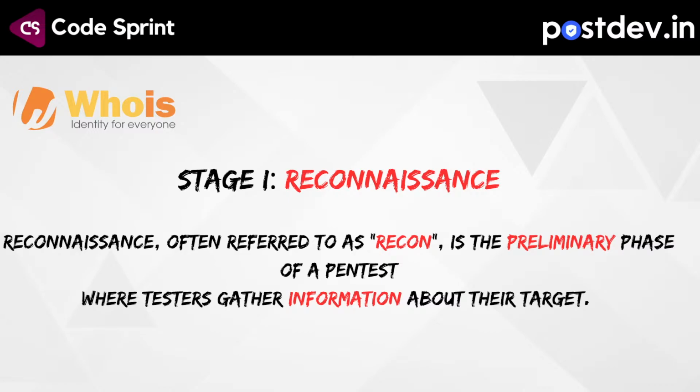For example, we use open source intelligence, OSINT, and network scanning. We use Nmap for network scanning, DNS interrogation, social engineering, which plays a key role in information gathering, and also Google dorking, which is a search engine query technique.